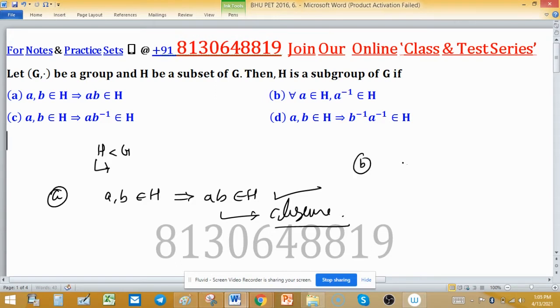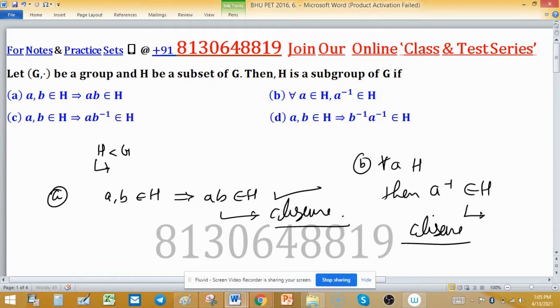For option B, if a is in H, then a inverse belongs to H, meaning each element has an inverse in H. Can we say H is a subgroup? No, because we can't prove the closure property. Elements come from G, but it doesn't mean they will satisfy closure. Yes, they may satisfy closure, but identity they cannot prove using only this condition.